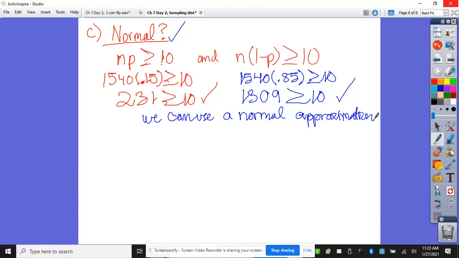So if I know what the population looks like, I'm going to take a sample, and does my sample look like it's reasonable or not? So what we're actually doing here is trying to figure out basically if I'm getting a sample that's a good one or not. So like if I were doing one from AP Stat to try to get senior GPA, I would probably get numbers that turned out really bad when I did the normal approximation, because that wouldn't make sense with our real distribution. And that's the part we're going to get into tomorrow.